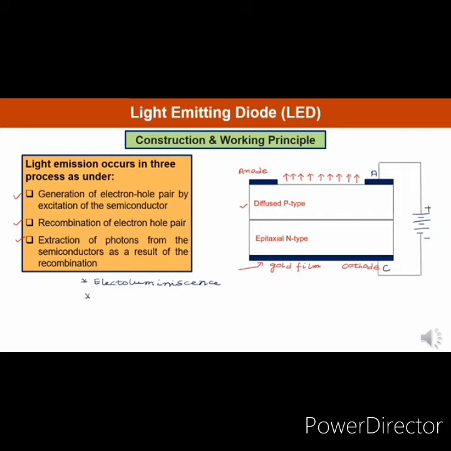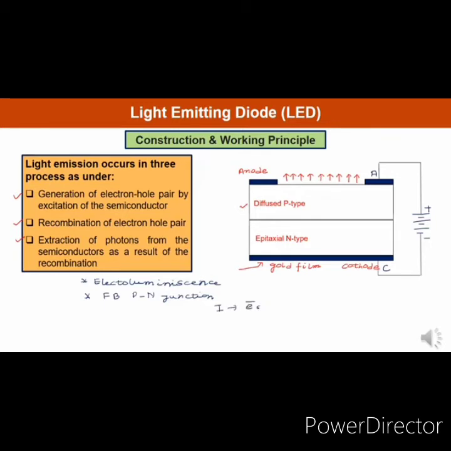Now let us consider the case of a forward biased PN junction. A forward current flows due to the electrons. So here current flows because of electrons.